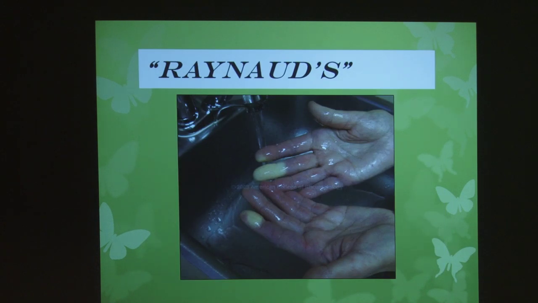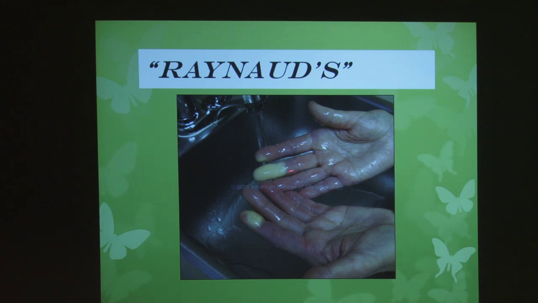So this is a typical appearance for a patient, and this is a patient with primary Raynaud's. You have this blanching whiteness to the skin, usually associated with cold exposure, but other causes as well, and typically rewarms. What we see here is the pallor, the whiteness.